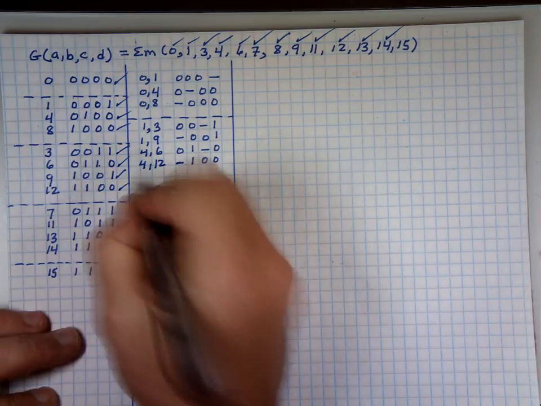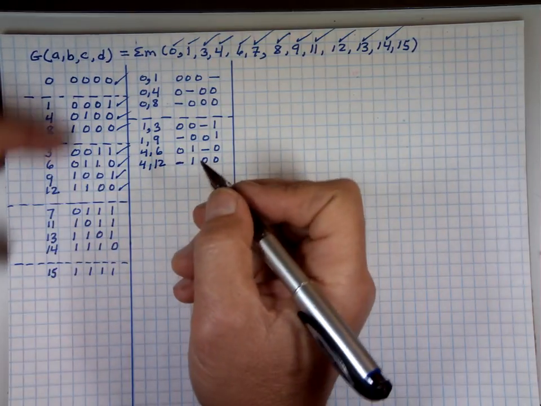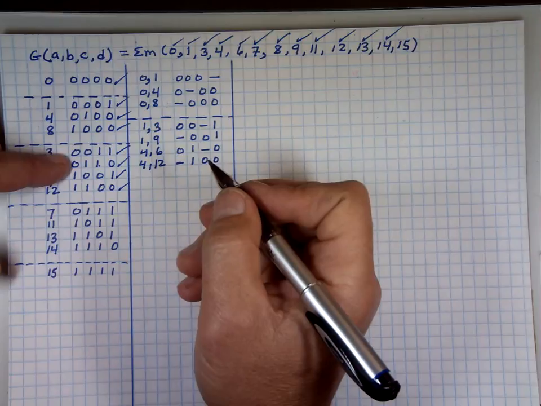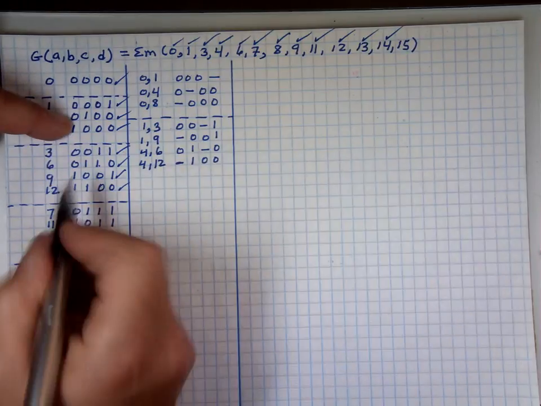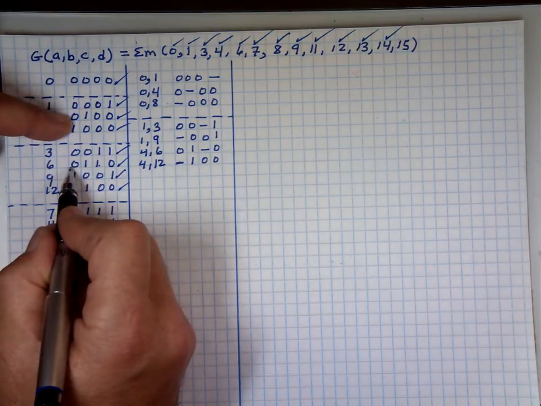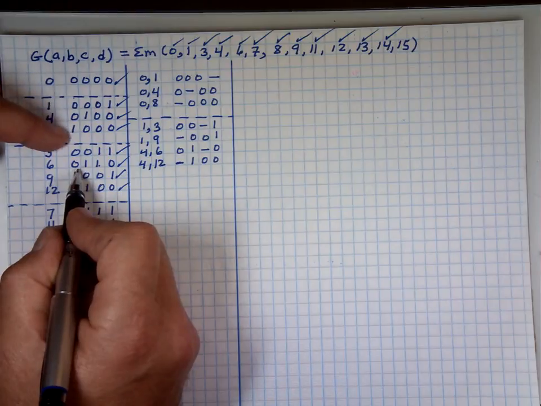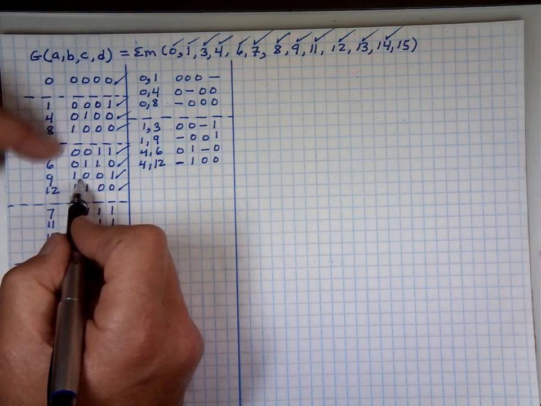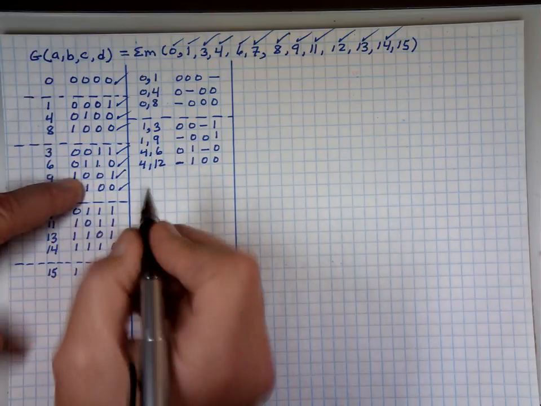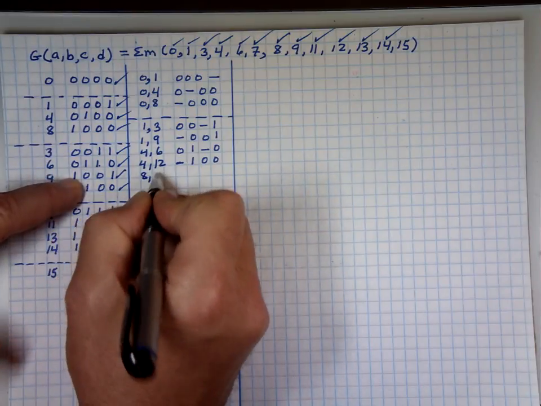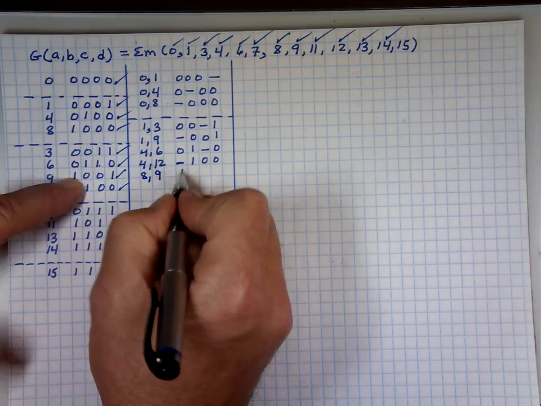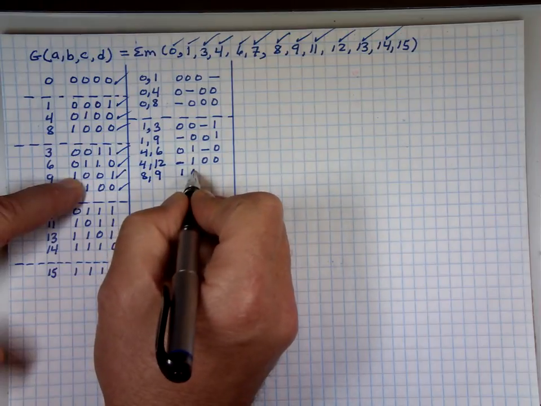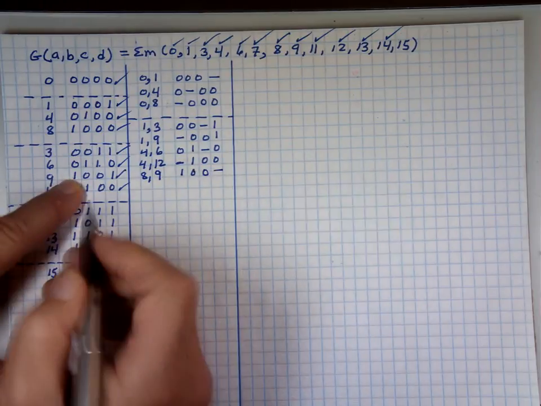8 and 3. No. 8 and 6. Nope, 8 and 6, at least 3 are different. 8 and 9. Yes, right? It's 1, 0, 0, dash, 8 and 9. 8 and 12.